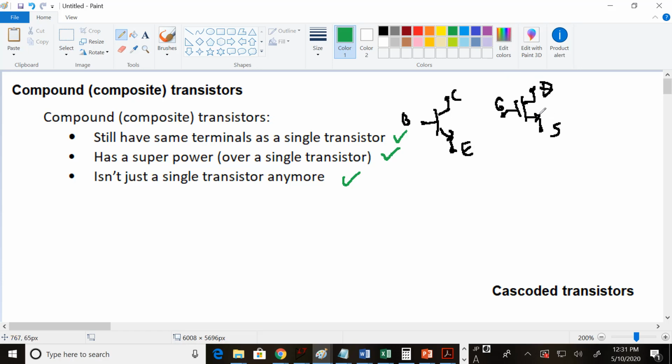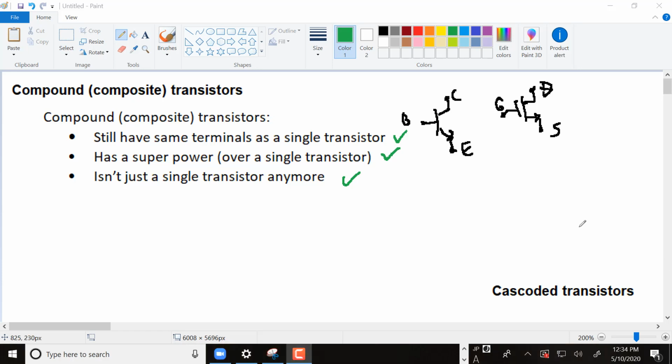Same thing over here, or maybe you want to use this as an input stage, but your Rin is just r pi here. So a compound or composite transistor would maybe give you a higher Rin.